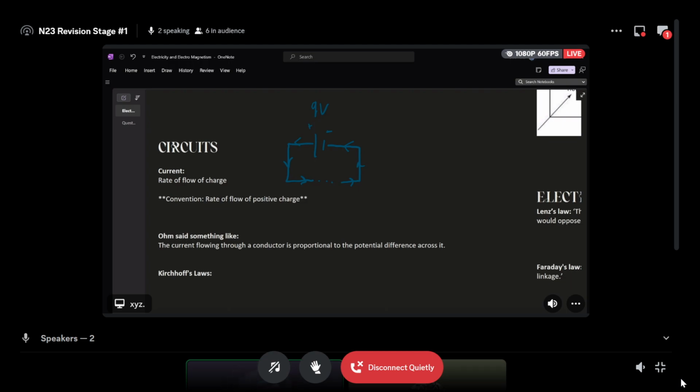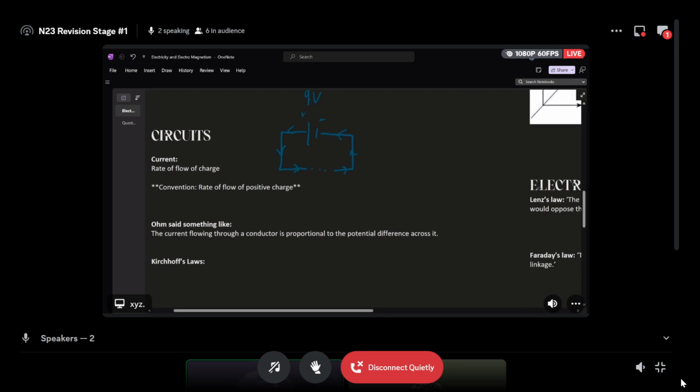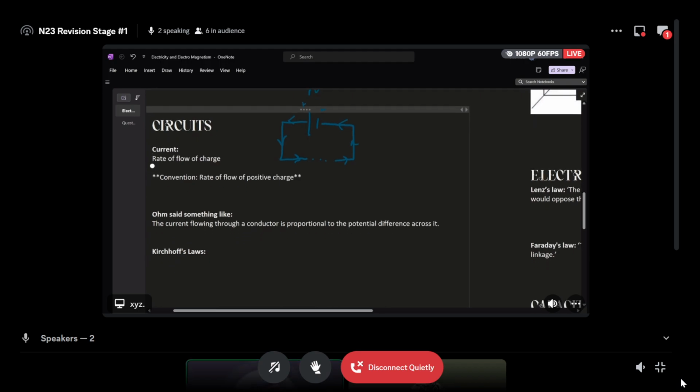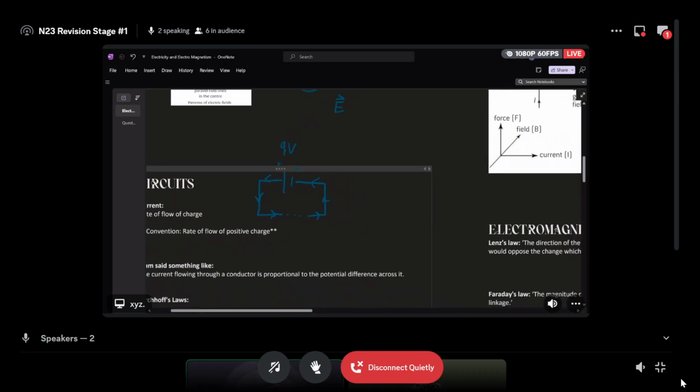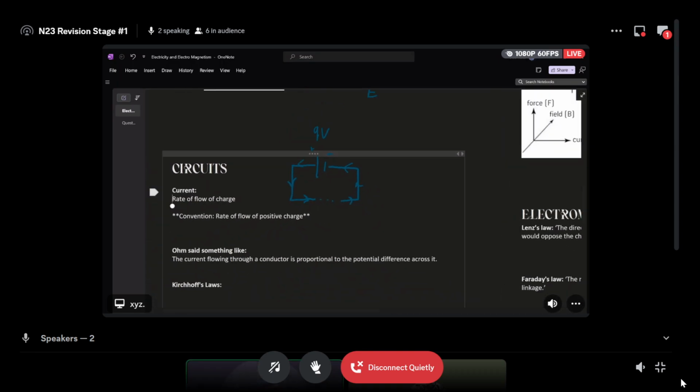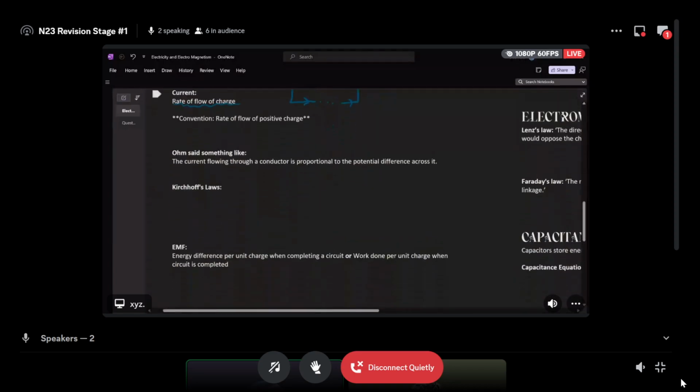It's not really flowing. Essentially, what's happening is the electrons are moving. In this example, the electrons are moving clockwise, so we could say it has the same effect as positive particles moving anti-clockwise. So yes, this is an IB definition that will be asked of you, and it defines current as a rate of flow of charge.